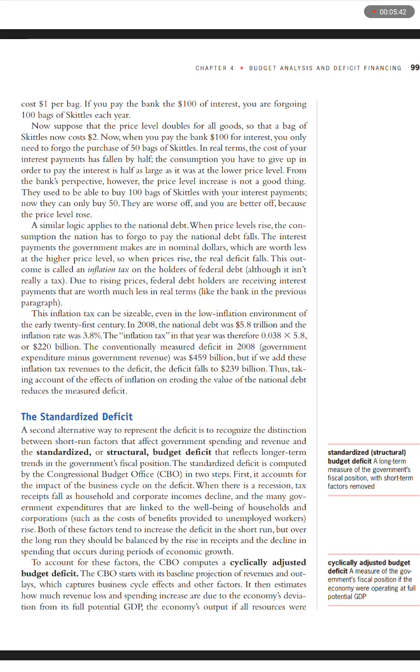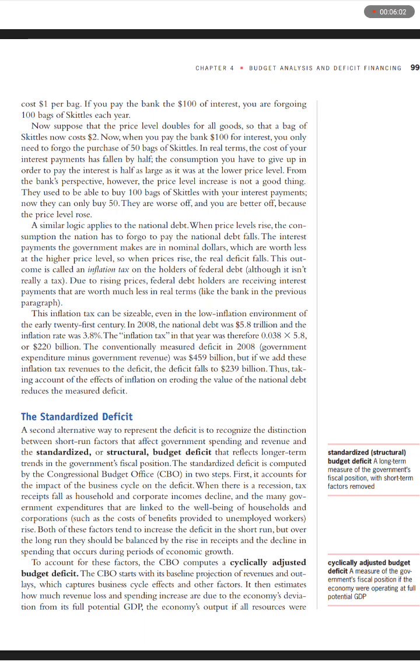In real terms, the cost of your interest payments has fallen by half. The consumption you have to give up in order to pay the interest is half as large as it was at the lower price level.